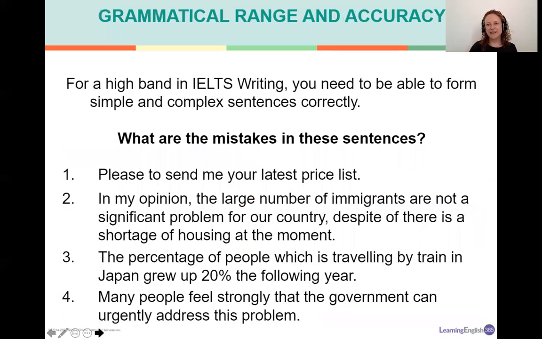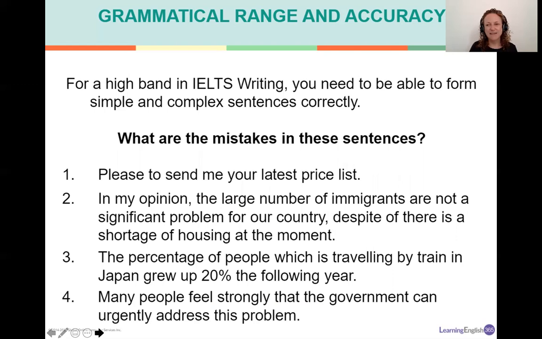Grammatical range and accuracy. In order to get a high band score in the IELTS writing test, you have to be able to form simple and complex sentences correctly. If you play it safe, if you know you've got a weakness in grammar and you decide just to stick to very short, simple sentences, you're not going to score highly.